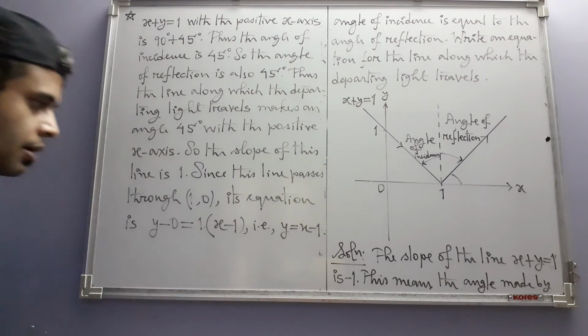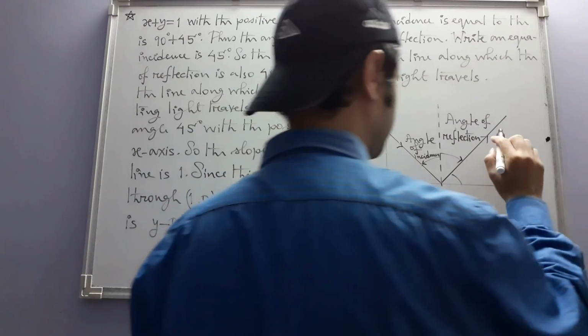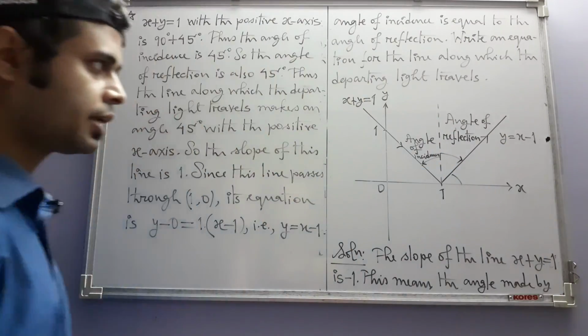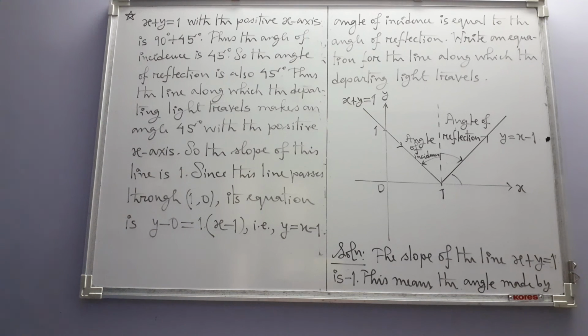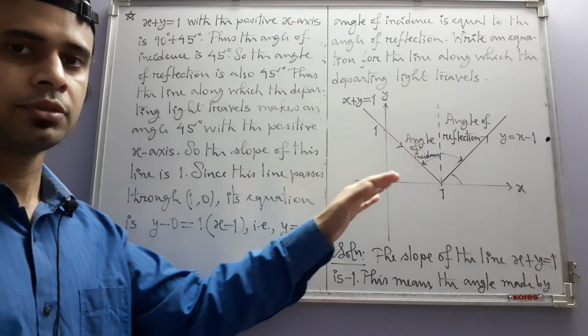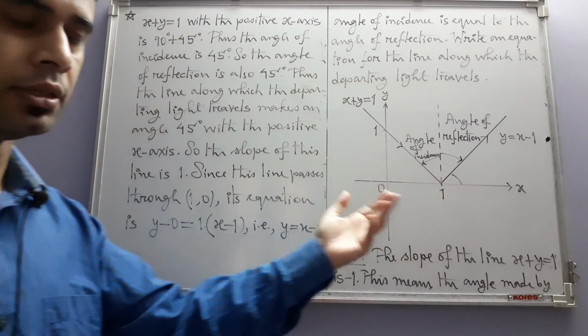So along this line the departing ray will travel. So this is the equation of the line, and from the equations you can see that these two lines have to be perpendicular to each other, which you can also see from geometry.